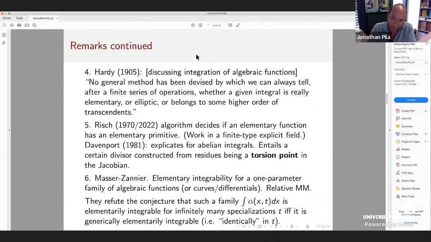And in this, culminating in this 2020 paper in Acta Mathematica, they refute the conjecture that had been made that in such a family of differentials depending on a parameter t, this is elementarily integrable for infinitely many specific values of t if and only if it is generically elementarily integrable, i.e. that you can integrate it, so to speak, identically in t.